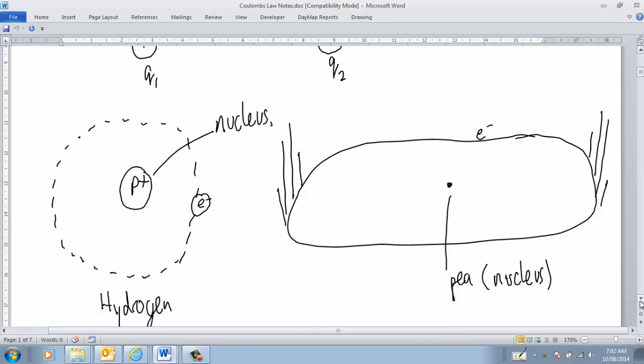What do we really know about that? Well, the nucleus has most of the mass of the atom, and the electron runs around the edge of the boundary line, which means there's a lot of space in here. So 99%, probably even more, of an atom is actually made up of space.